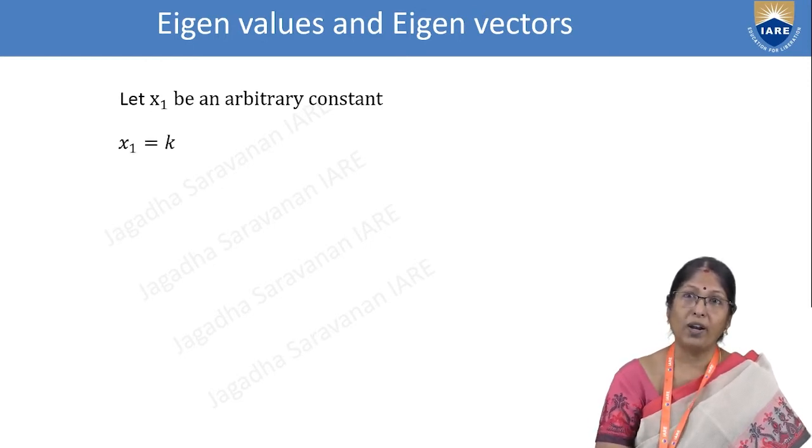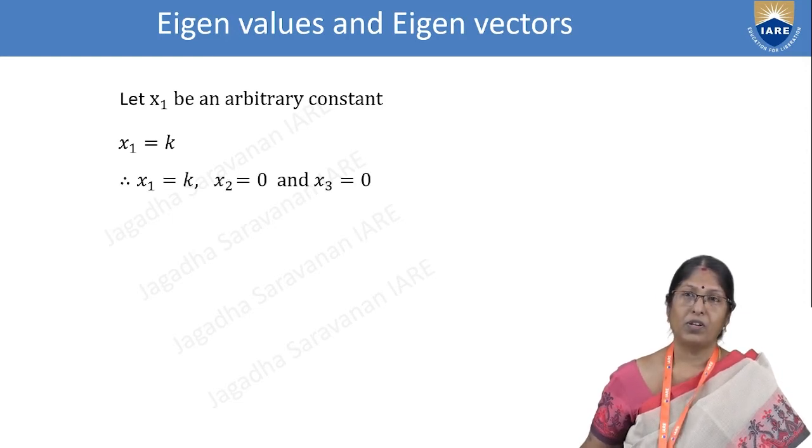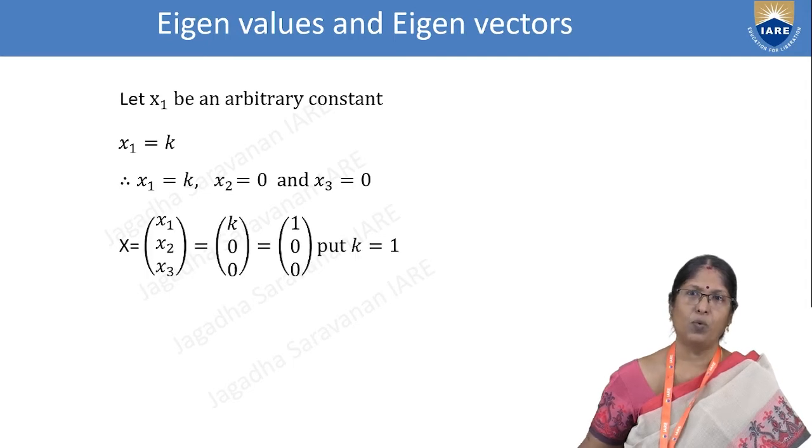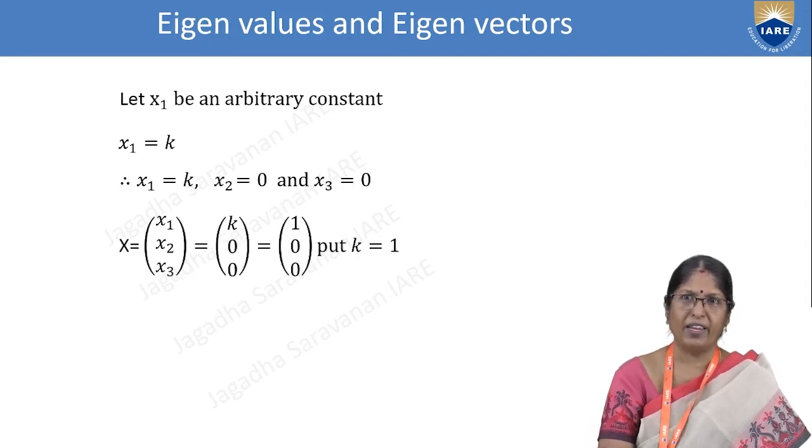So x1 equal to k we are declaring. k can take any value, 1, 2, 3, any value we can take. So now x1 we declared, that is arbitrary constant k, x2 0, x3 0. Now capital X is the eigenvector.